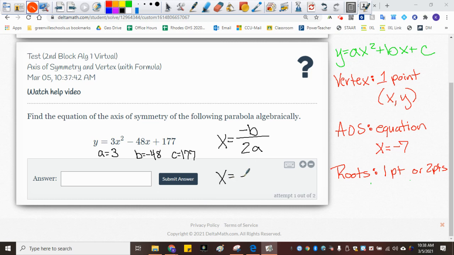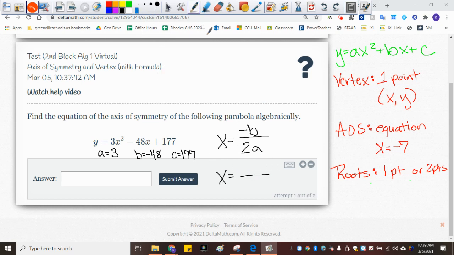So x equals, now it's a -48 and a negative b. So you can write it like that, negative b and a -48. 2 negatives. But a negative and a negative makes it positive. So you don't even have to put 2 negatives if you already know it's going to be a positive.